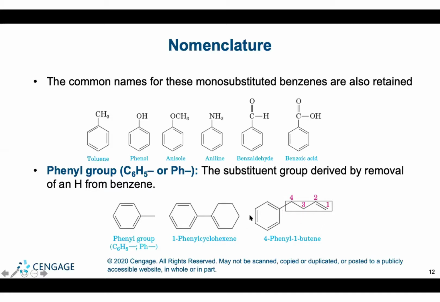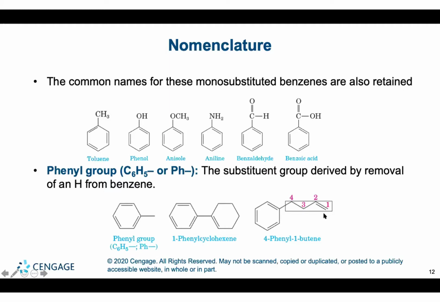Do you remember that a branch is always written first? So it's going to be 4 phenyl, in carbon 4 I have a phenyl group, and in carbon 1 I have a double bond. It would be 4-phenyl-1-butene.